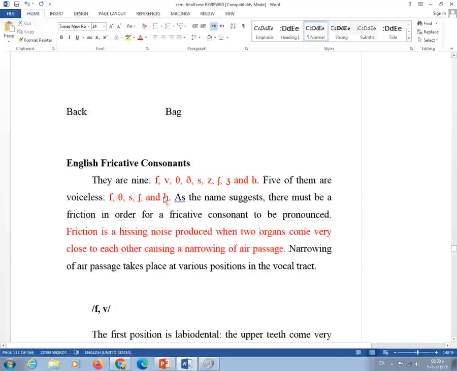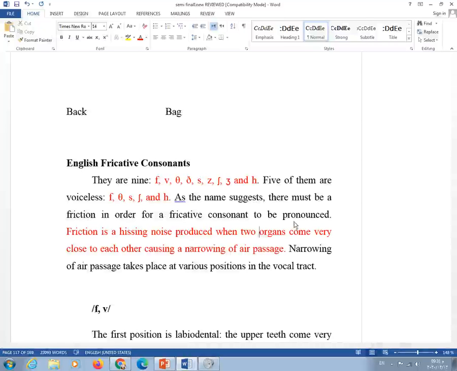أديك مثال، مثلا when you say f, what happens is that the upper teeth and the lower lip are coming very close to each other, and the air stream is not completely blocked. ما احناش قافلين مجرى الهواء خالص، ولكن we let air go out through a narrow passage. بنعمل narrowing، ضيق. طب suppose that you want to make the air passage wider، يعني عايزين تخلي مجرى الهواء أوسع شوية.